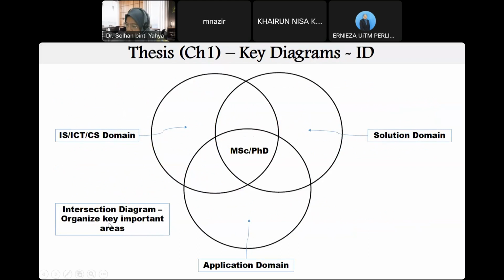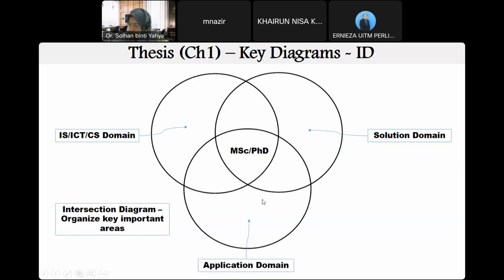This diagram, ID, is the intersection diagram, one of the diagrams I introduced to my students. This diagram is very important for them to build the narrative of chapter 1. So the narrative can come from integrating the application domain, for example, the pandemic problem, or smart farming, or virtual reality context, right?